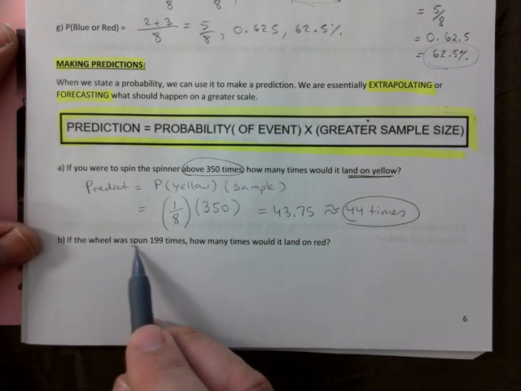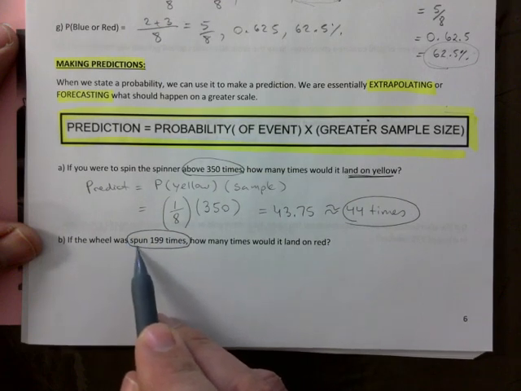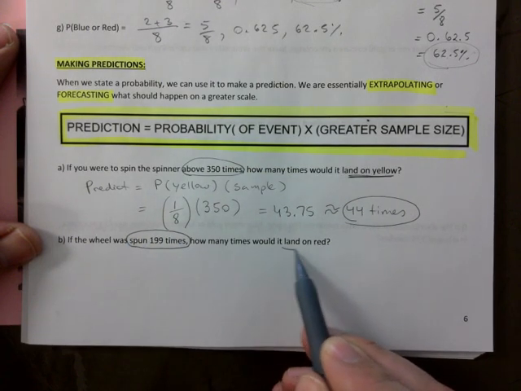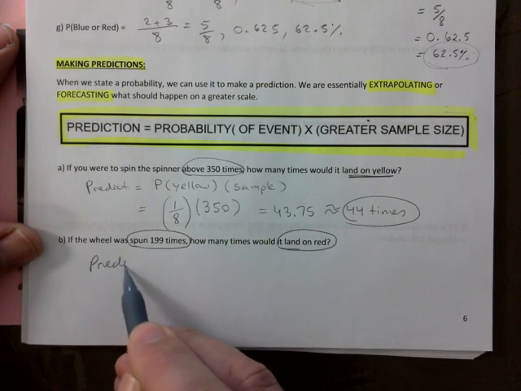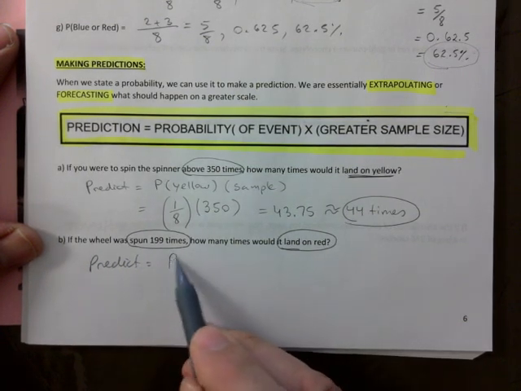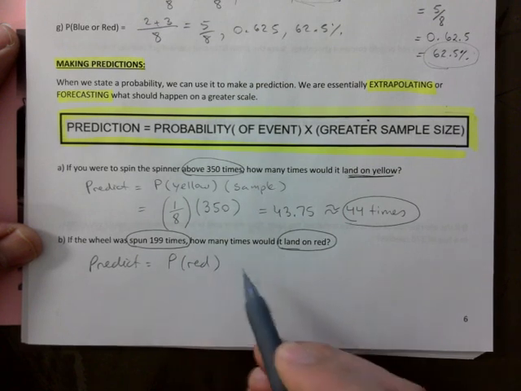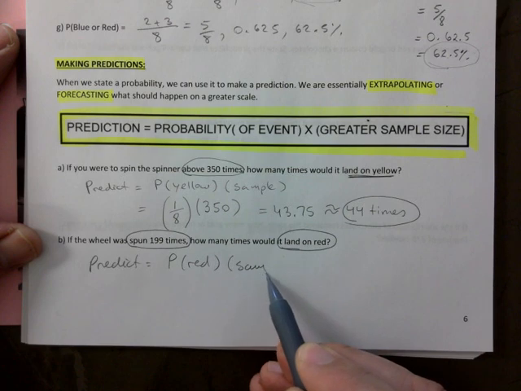How about if the wheel was spun 199 times? How many times would you expect it to land on red? So here, we will predict: probability of red times sample.